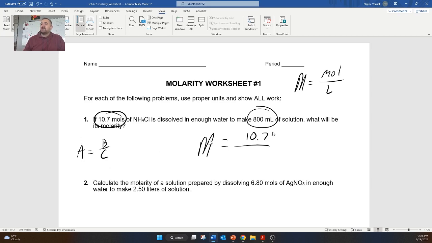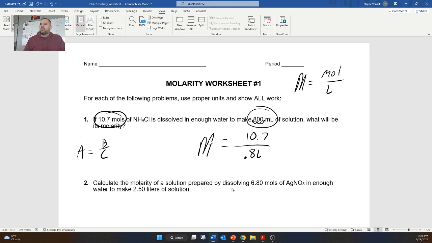And then 800 milliliters, where does that go? Can we plug it in as it is? What do we got to do? How do we do that? So you can divide by 1,000 or place the decimal point and then move it over 3 spaces. So 800 milliliters becomes what? 0.8 liters. So that's it. So plug this into your calculator.